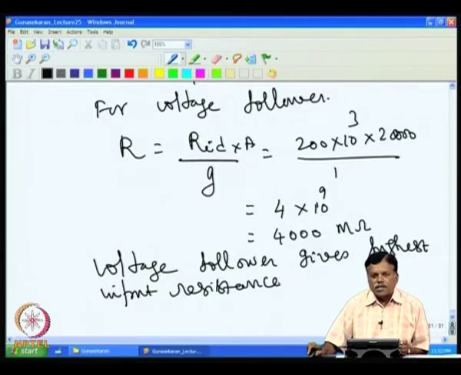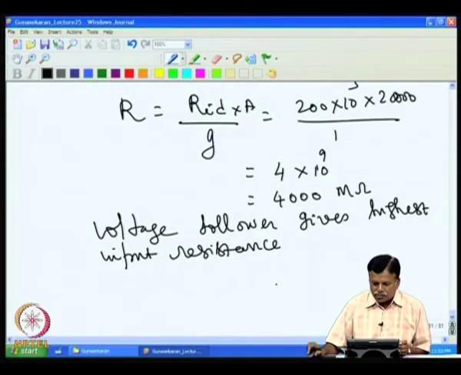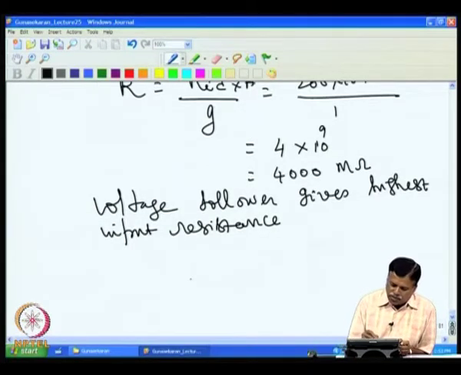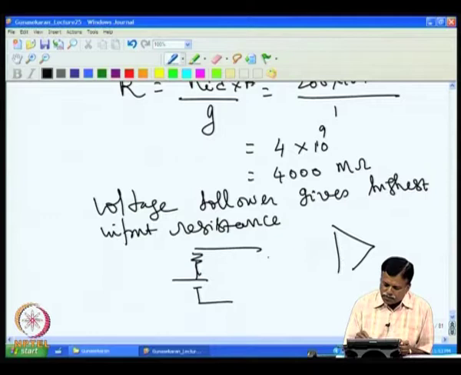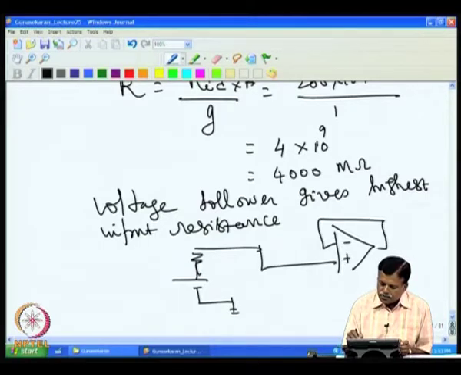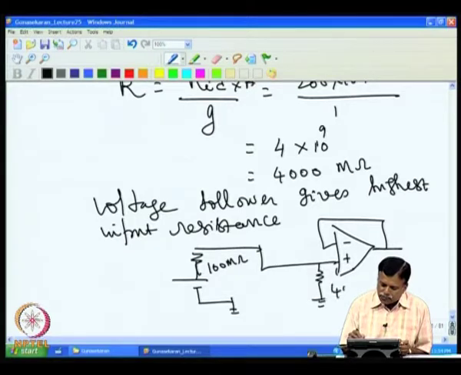That is why when you are dealing with, for example, a pH probe, it is better to have unity gain at the input stage. So, if I give a voltage follower, and the probe has, for example, 100 meg ohm internal resistance, then the circuit gives an equivalent resistance of 4000 meg ohm here.